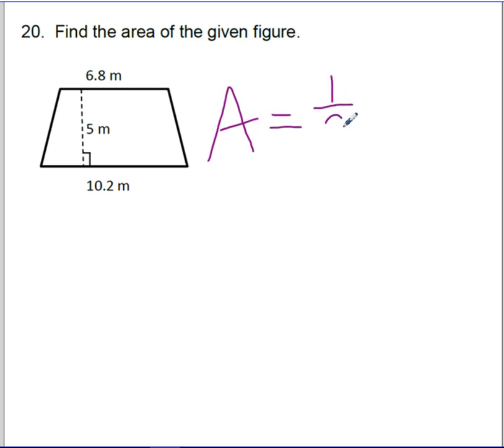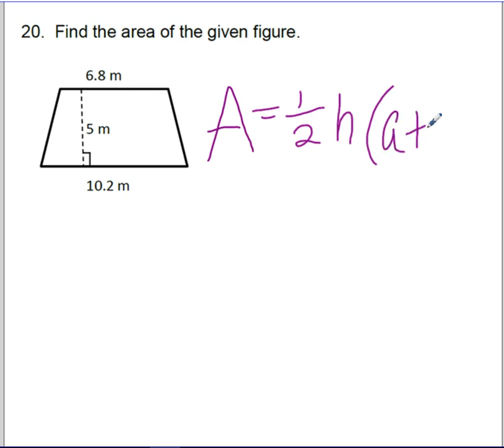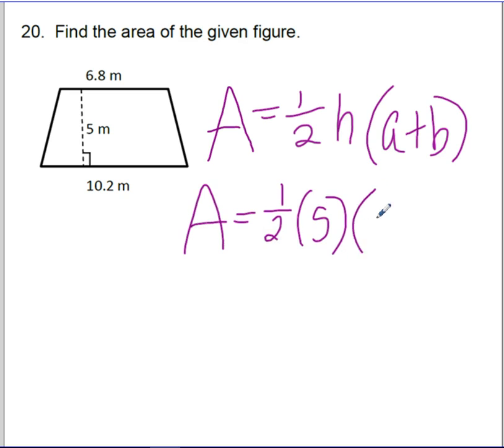According to the formula that you're allowed to look at on your sheet, it is 1/2 times the height, which should be the line drawn perpendicular to the bases, times the sum of your parallel bases, they called A and B. So we have 1/2 times 5 times the sum of 6.8 and 10.2.